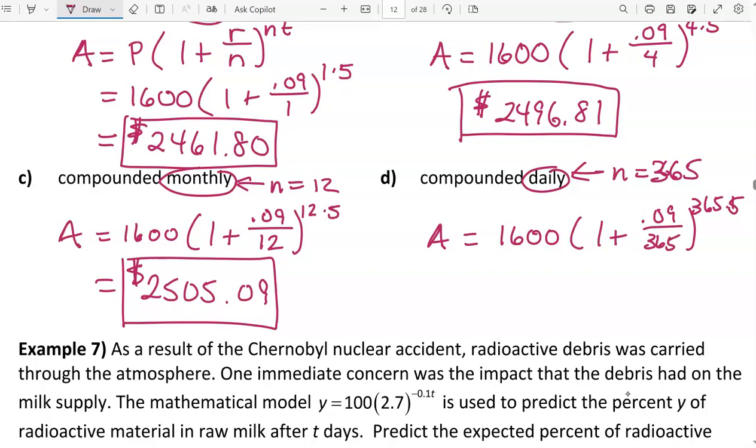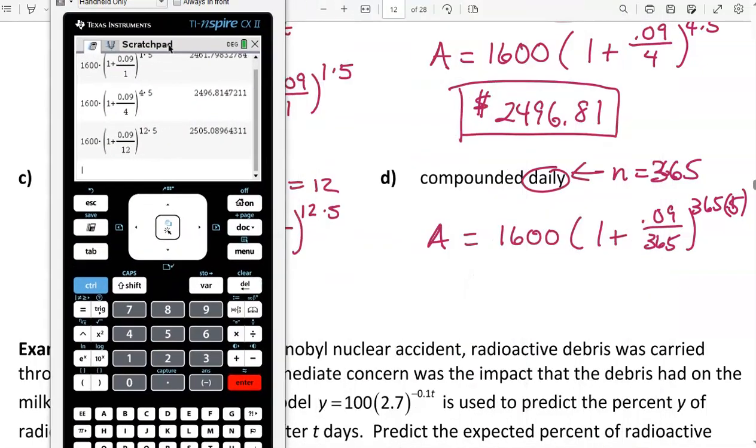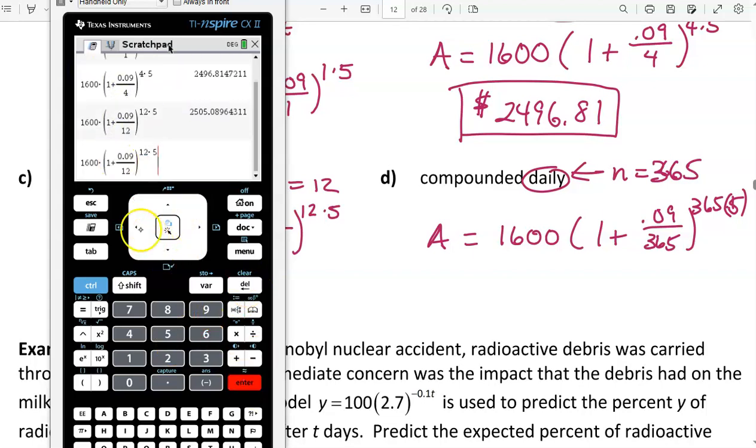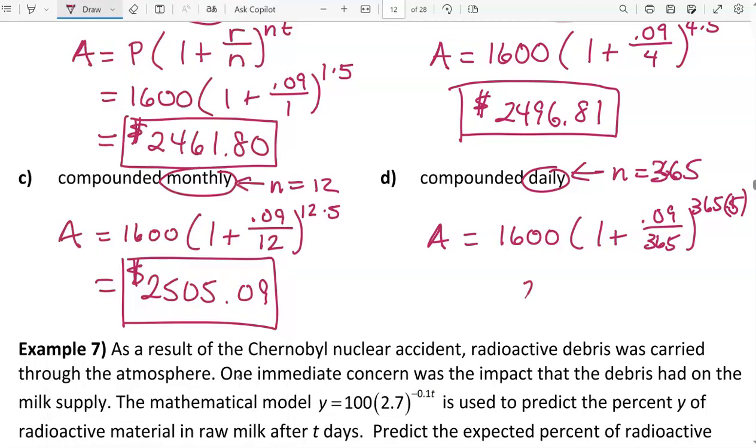We have 2 365s in the calculation. And now let's just enter that in and see what that computation gives us. And whoops, I'm going to edit the calculation that we had before, changing those 12s to 365s. And that gives us $2,509.16.